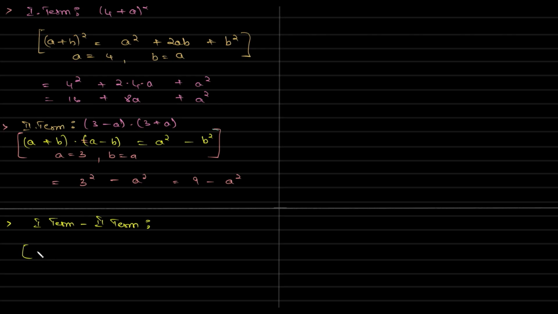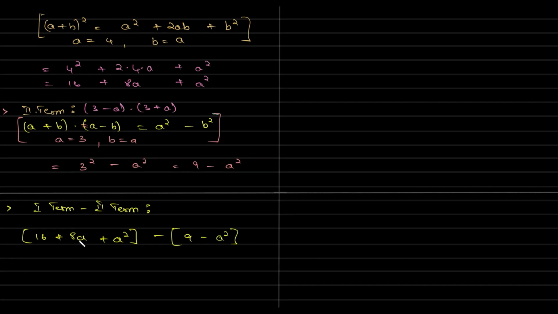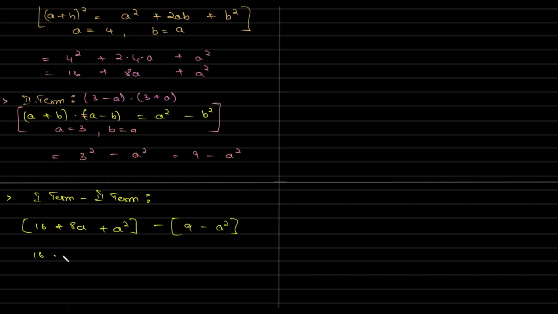So the first term is 16 plus 8a plus a square, negative, because there is a minus, be careful and write the second term inside a bracket. Okay, so we have 16 plus 8a plus a square. I removed the first bracket because there's nothing that I can simplify. Minus of this, so minus 1 into this.